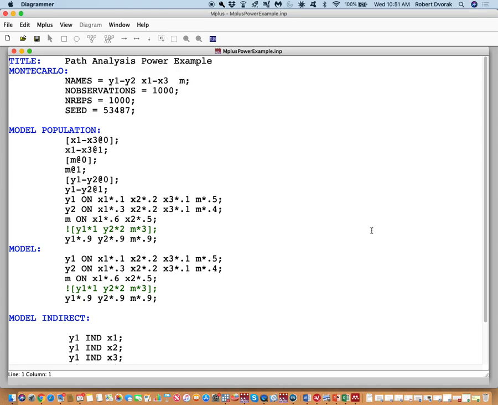And so we need to know some things for this model. What we want to know is, for the indirect associations between x1, x2, and x3 on y1 and y2 through m, what sample size we need in order to ensure that we do not have a type 2 error, right? That we don't miss this indirect effect.